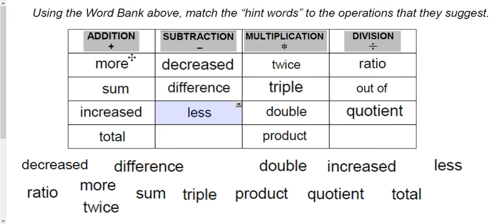So those are some of the keywords we're looking for in these word problems. We'll look at the most difficult one coming up. Most of you know these. If you need to refer back to your chart for double, triple, or any of these, go right back.